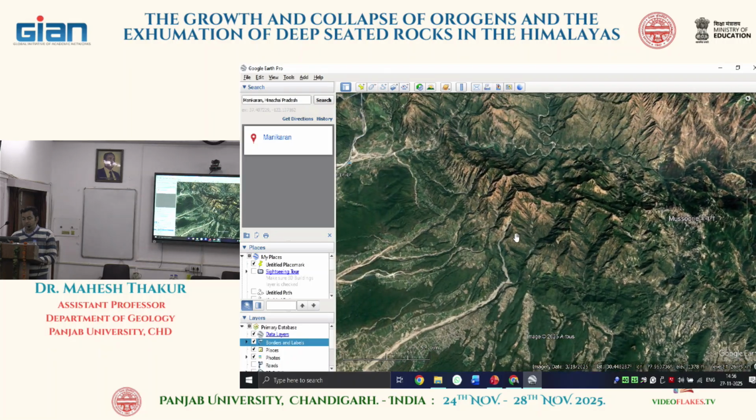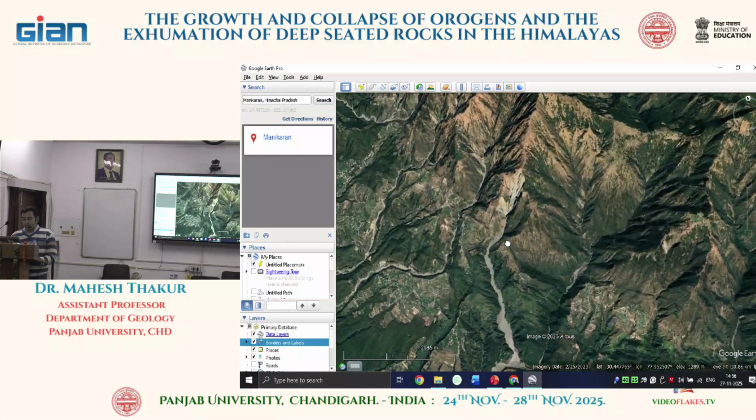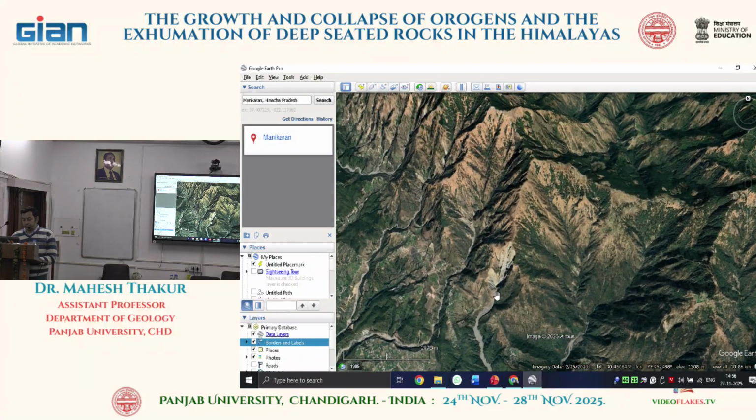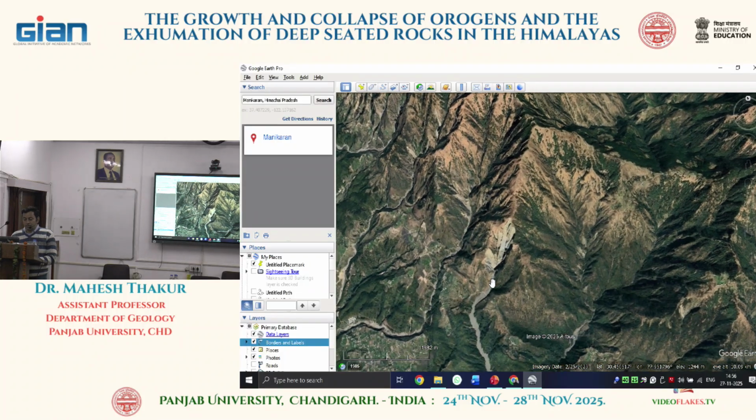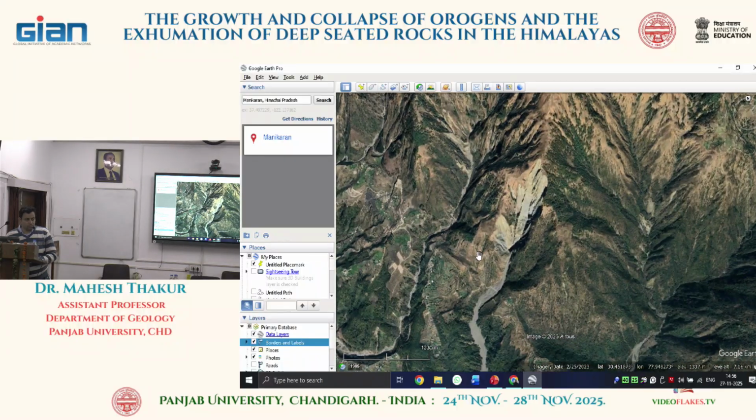For example, if we see in Dehradun, right here, there is this big landslide, and the Stonegad thrust is passing through this area. There is a fault, a paleo fault, passing right here. Stonegad thrust like that, and you have a big landslide on top of it, right?